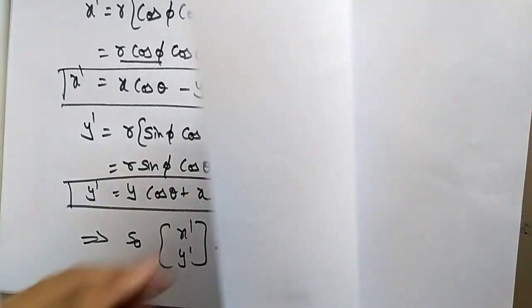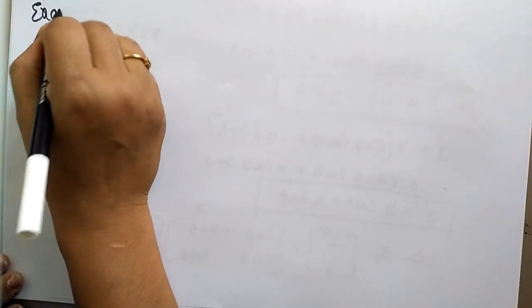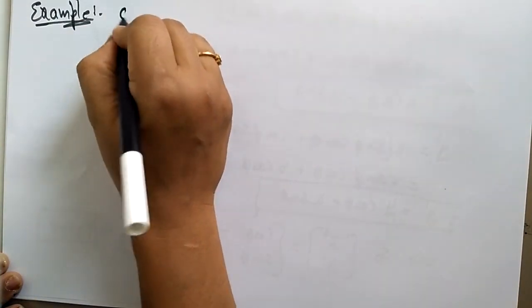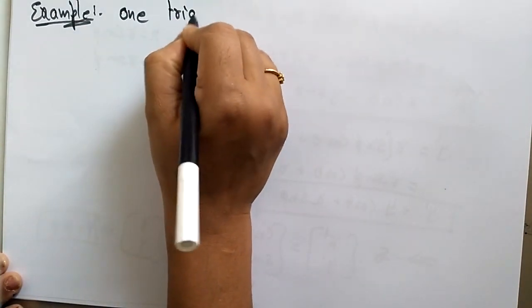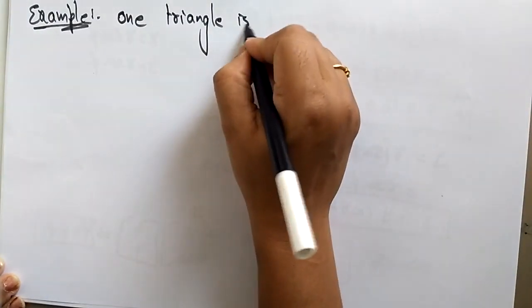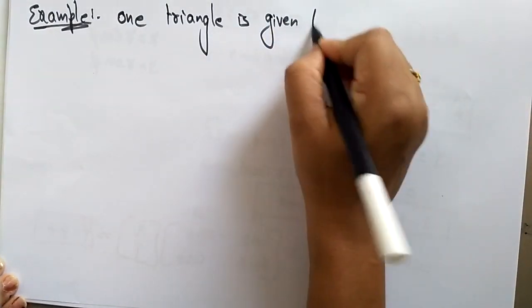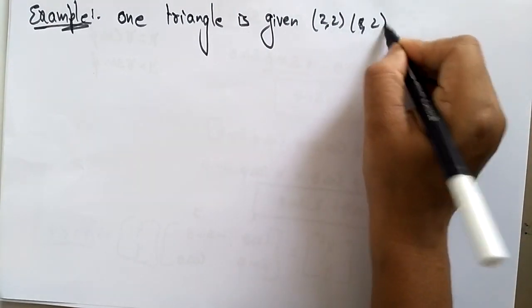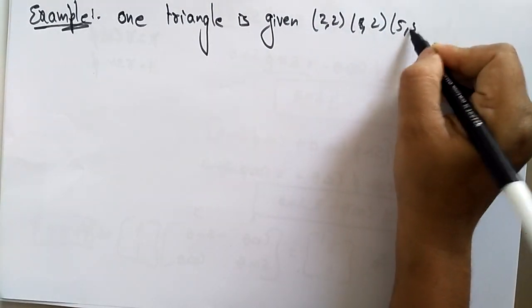Okay, so let me take one simple example to explain this rotation. Let me write one triangle that is given: 2, 2, then 8, 2, and 5, 5.